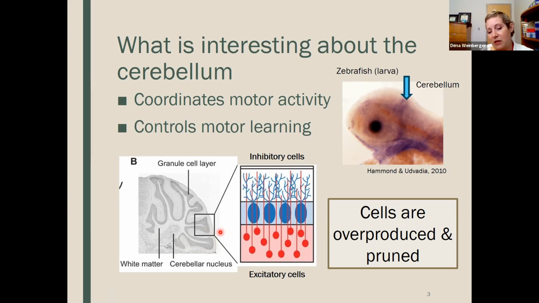What's also cool about these populations of cells, aside from them being the most abundant neurons in your brain, is that these little excitatory cells are normally way overproduced, and then they're pruned to make sure that all of the appropriate connections are made. It's also associated with a certain type of pediatric tumor called medulloblastoma, where there is a failure in either the overproduction stopping or a failure to prune away these cells, and you end up with a cerebellar tumor.